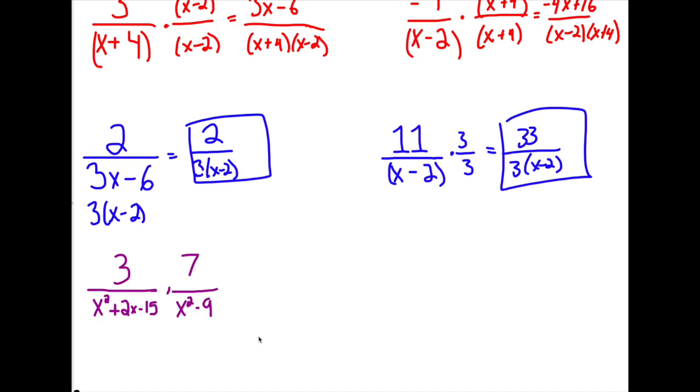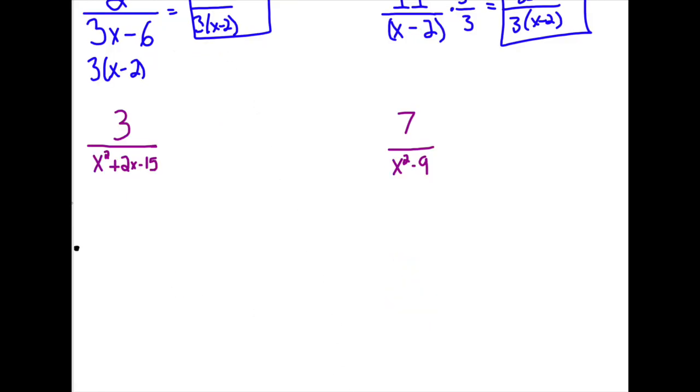Lastly, I've got a situation where I'm going to have to get a little bit more creative. On the previous page, you saw me factor this when I was setting the GCF, or I keep saying that, the LCM, least common multiple, or least common denominator. So this is x plus 5, x minus 3.